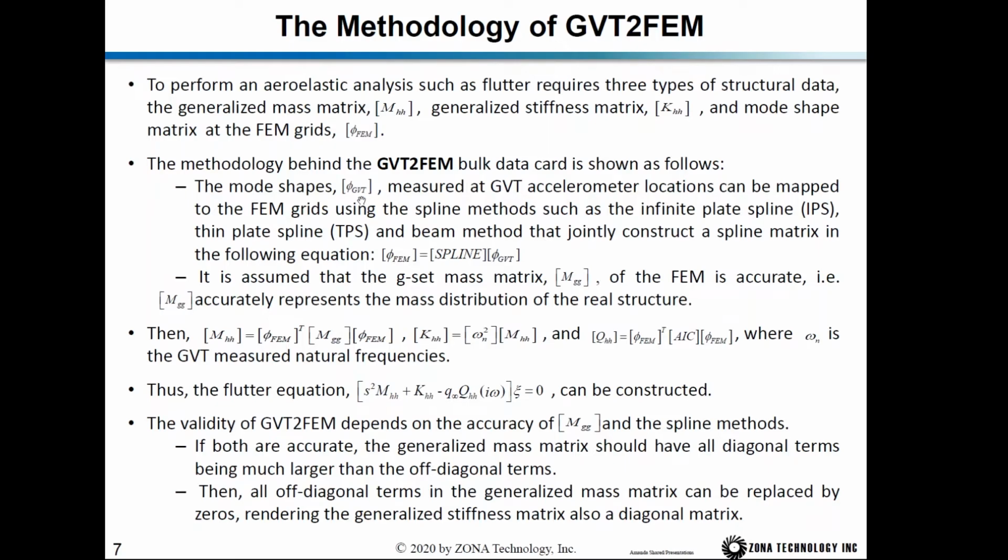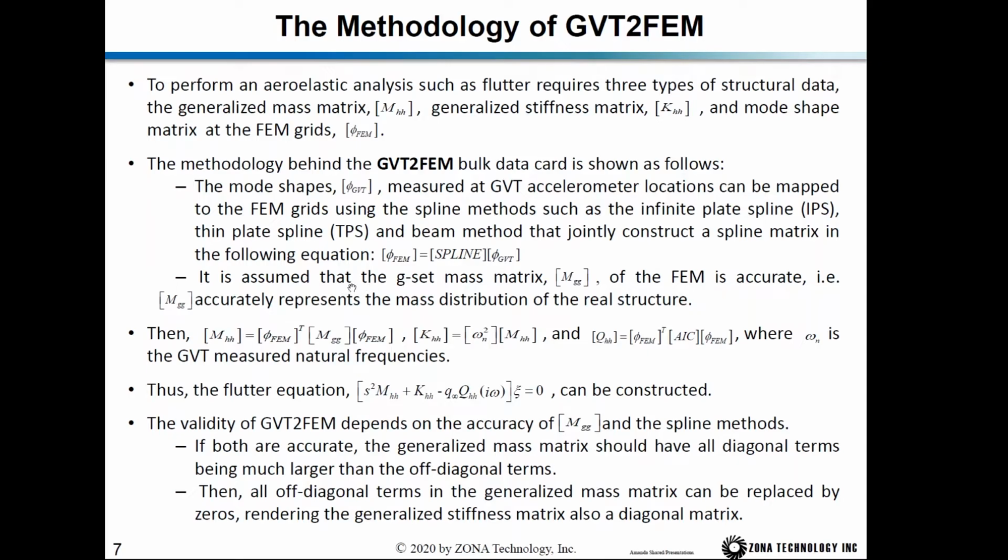The mode shape matrix phi sub GVT measured at GVT accelerometer locations can be mapped to the finite element grid points using the spline method, such as the infinite plate spline method, thin plate spline method, and the beam spline method that jointly construct a spline matrix. So once you have a spline matrix, you can multiply it to the GVT measured mode, and you can get the mode at the finite element grid.